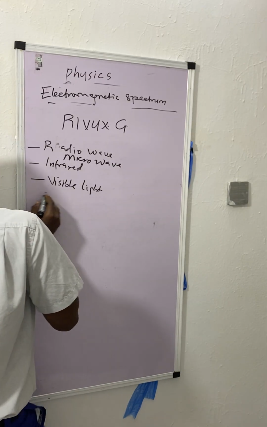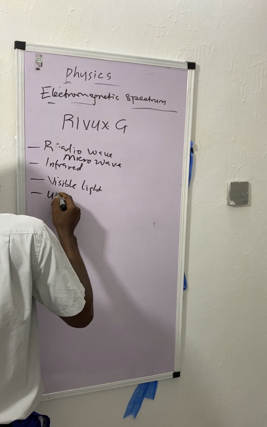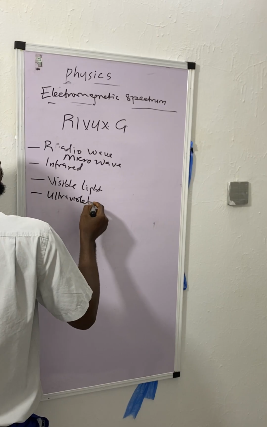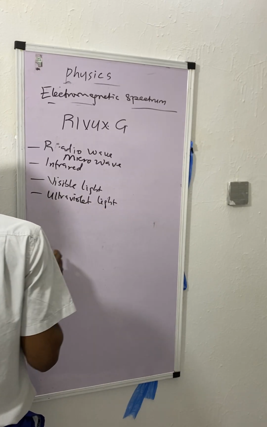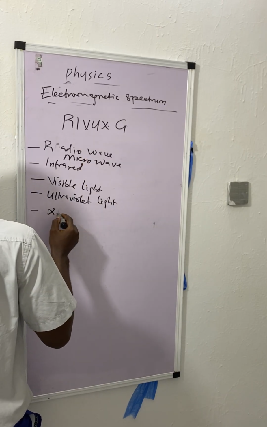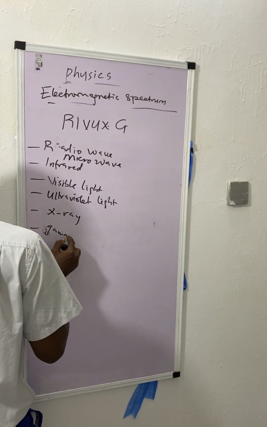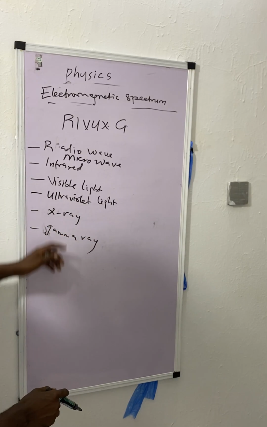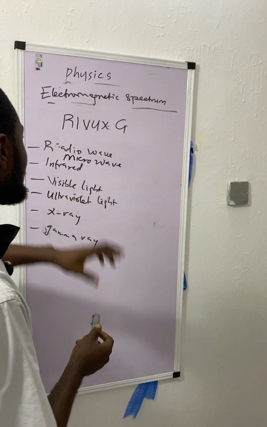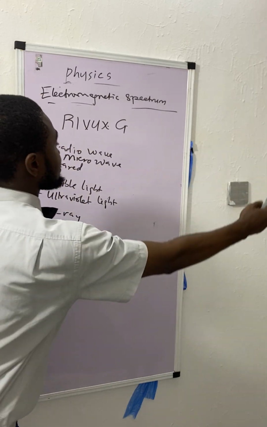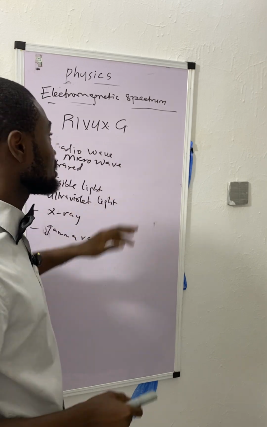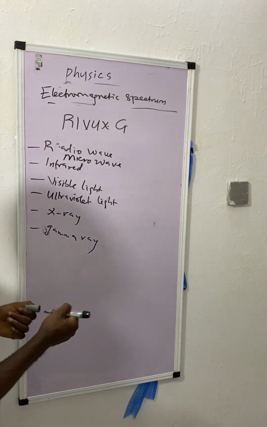Okay, you can have then the next is U, ultraviolet light. You have X-ray. You have the last one, gamma ray. All right. So here, as you go from left to right in the Revox G, is what? Increasing frequency.